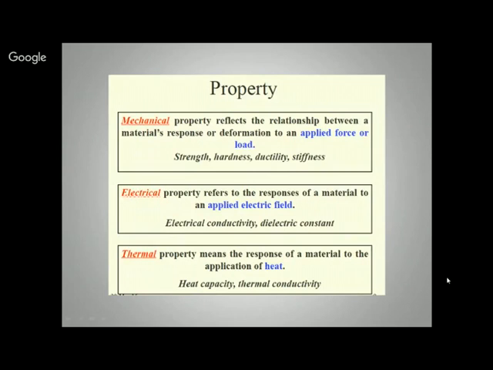Second is electrical property, that deals with the response of the material to the applied electric field. So what are further parameters? Electrical conductivity, dielectric constant. Thermal property, the response of the material to the application of heat, that is heat capacity and thermal conductivity. So these properties are very important, which decide the usability of the material.